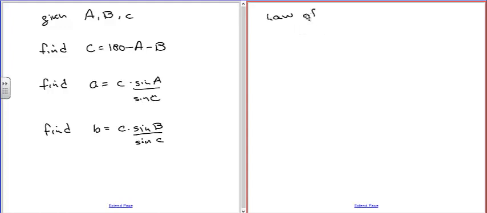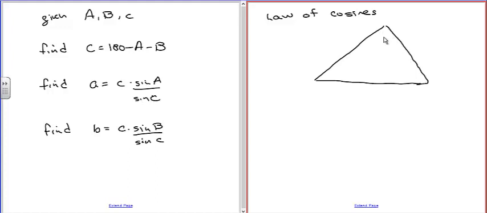Law of cosines. Now that depends upon which ones you're given. Now I purposely didn't label them so you could label them.